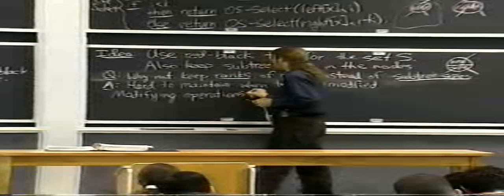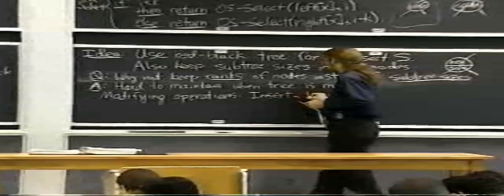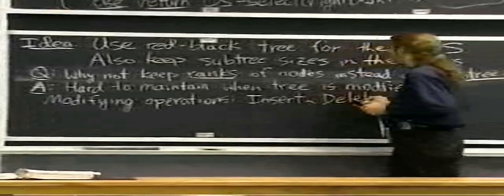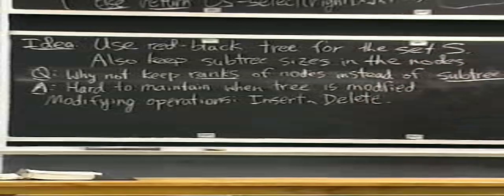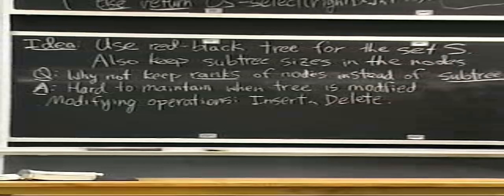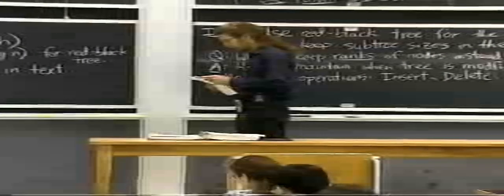There are insertions and there are deletions. Those are the kinds we're talking about. We know how to insert and delete into a red-black tree and maintain balance and the nice coloring properties and all this. The question is, how do we maintain this new information, the subtree sizes? And we hope that it doesn't take us too long to do that.